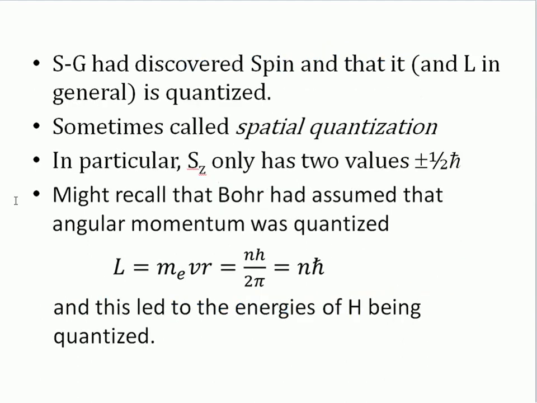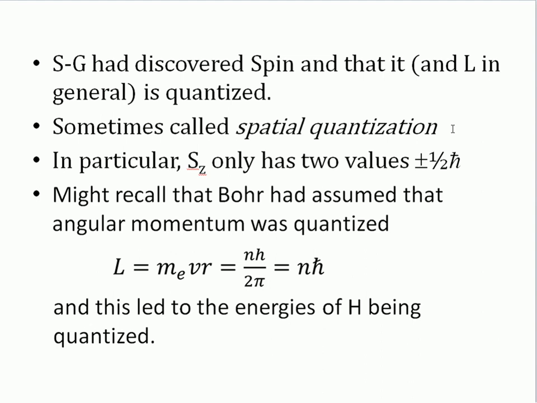Well, what Stern and Gerlach discovered, they discovered the spin, and in a surprise, spin angular momentum, and later we'll see angular momentum in general, is quantized. Just the way that people have discovered something about energy being quantized, they had discovered that angular momentum was quantized. Sometimes this is called spatial quantization because you see the spread of the particles in space.